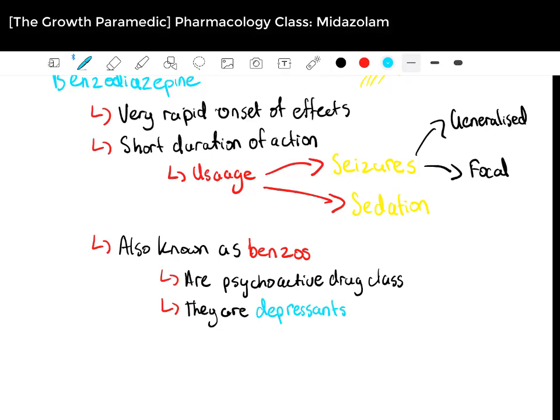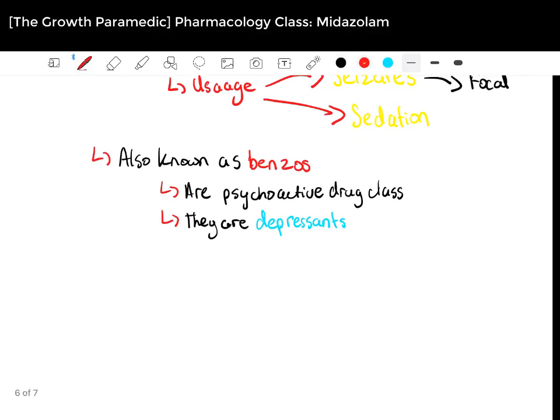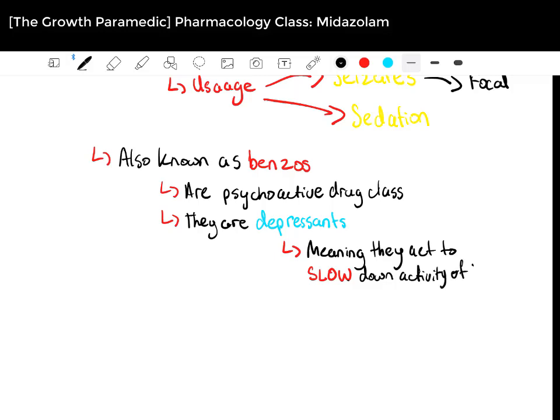And when we talk about depressants, it means they act to slow, keyword, slow down activity of the central nervous system, so the CNS.